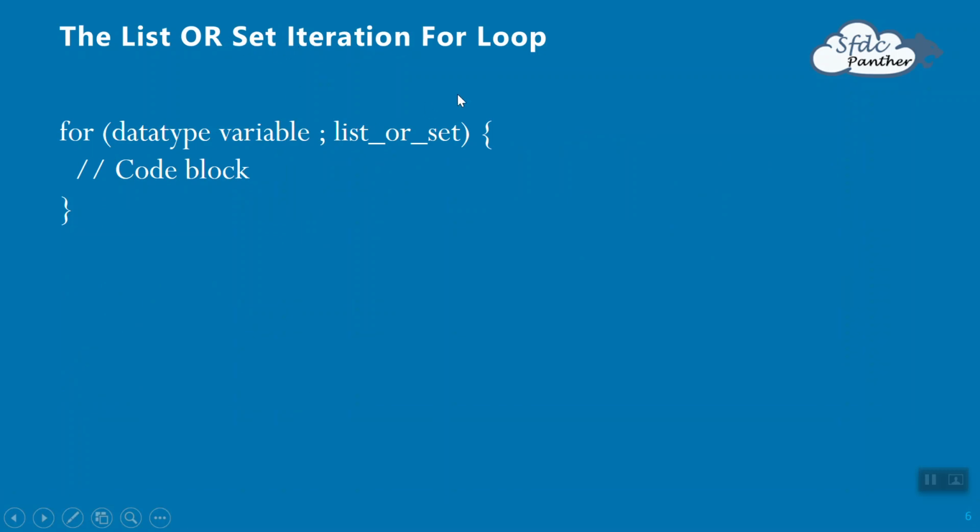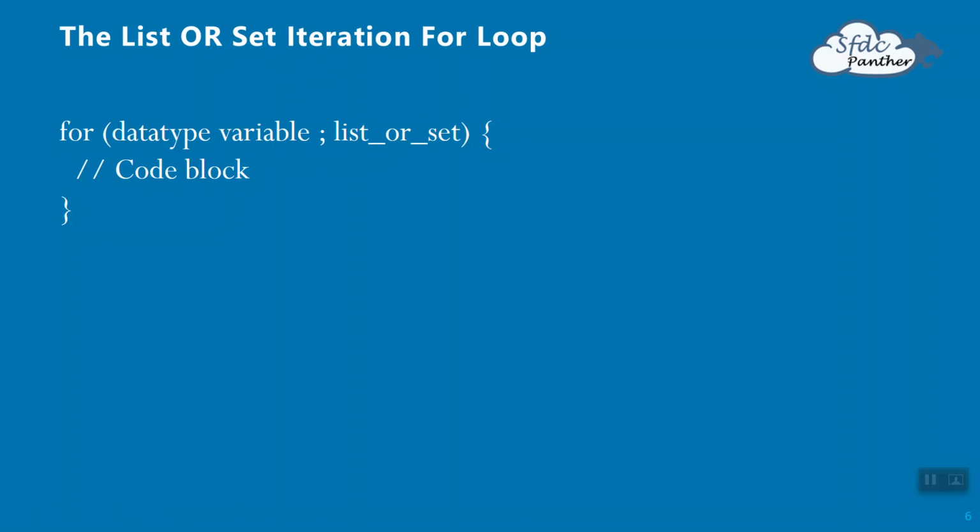In the traditional for loop, we debugged a certain number of elements. We iterated the for loop while the value of I is less than 10.